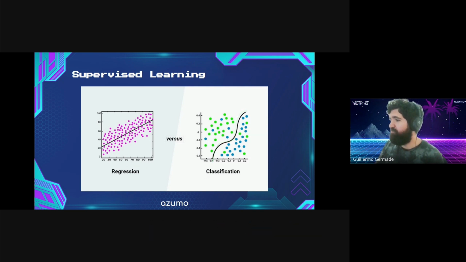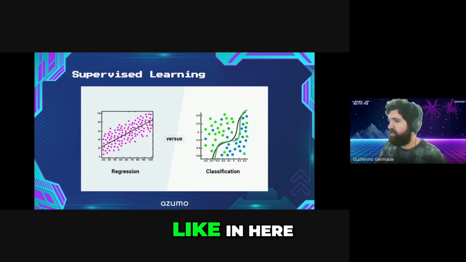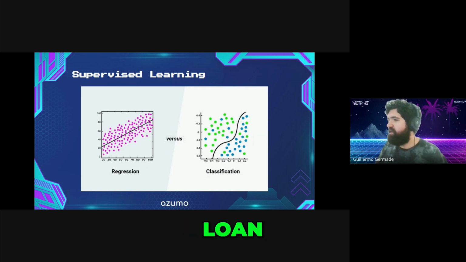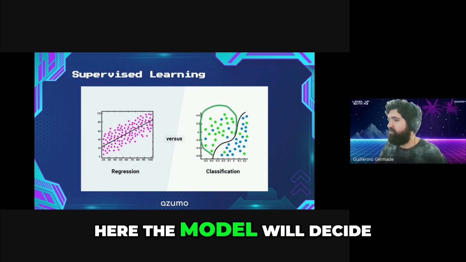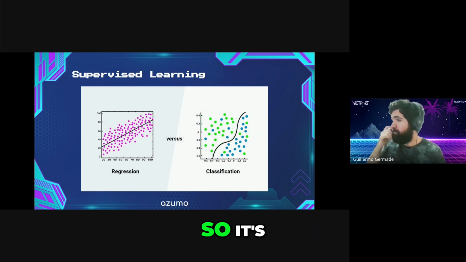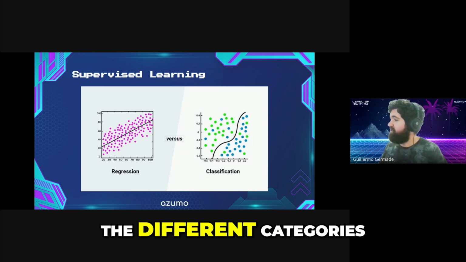So if the set of variables that train the model yield something that is below this threshold, like in here, it could be that your model will decide to not approve the loan. And then the ones in here, the model will decide to, yes, approve the loan. So it's not going to find a number, it's going to draw a decision threshold for deciding between the different categories.